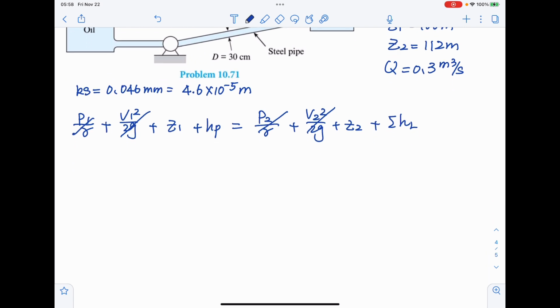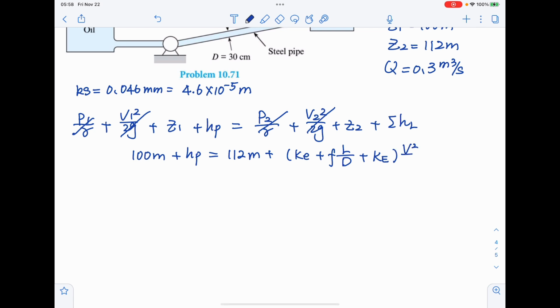So the elevation is 100 meters plus the pump head, and equals the elevation at point 2, 112 meters, plus the head losses, which is the entrance coefficient plus the friction losses F times L over D plus the coefficient of exit, times V squared over 2G.